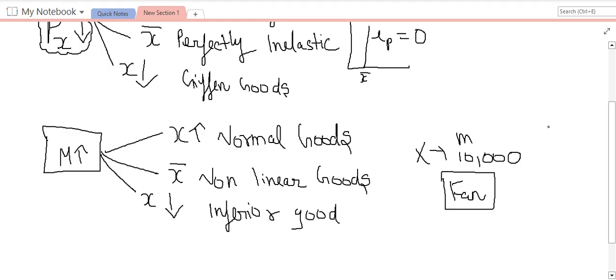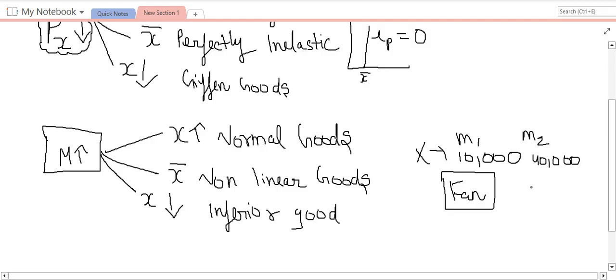And suppose after his hard work and dedication, his income increases after, let's say, 7 months, and his monthly income now increases to 40,000. Now he purchases an air conditioner, or an AC, as we normally call it. So now income has increased, and he has increased his demand for AC. So for him, AC is a normal good, we can say.